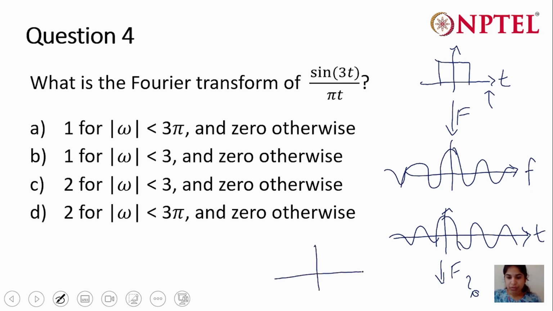It will be limited in frequency. So it's just the inverse of it. So we have to find the Fourier transform of sine of 3t by pi t.